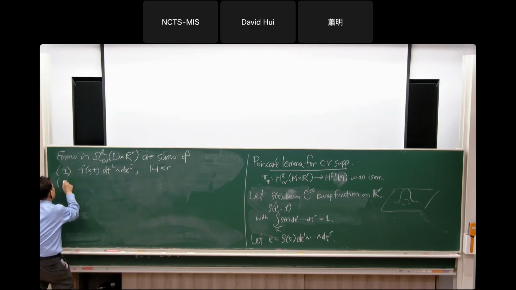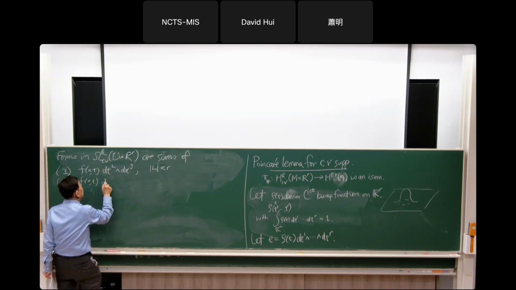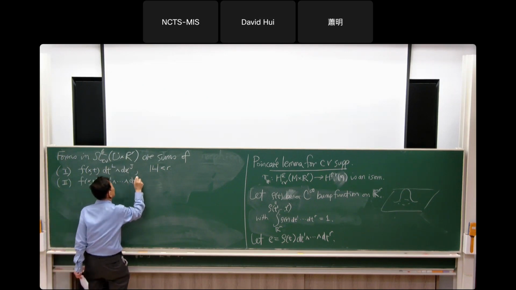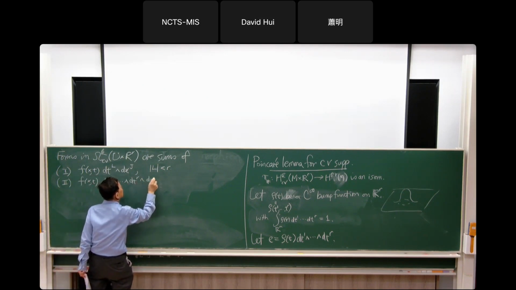And then a type 2 form would be f of x,t dt_1 wedge ... wedge dt_r wedge dx_J.